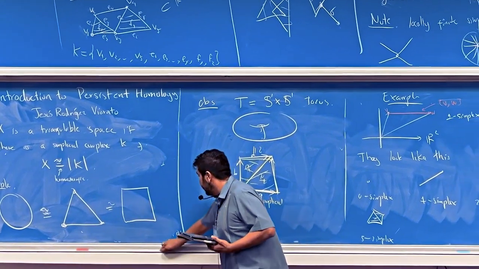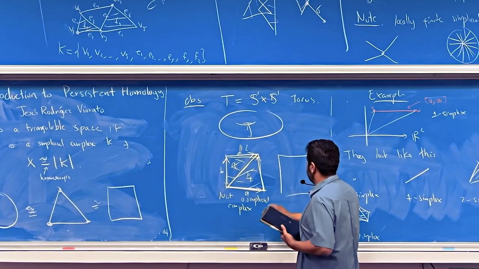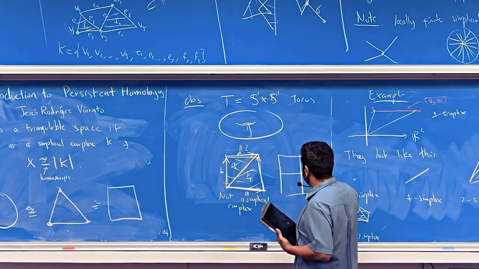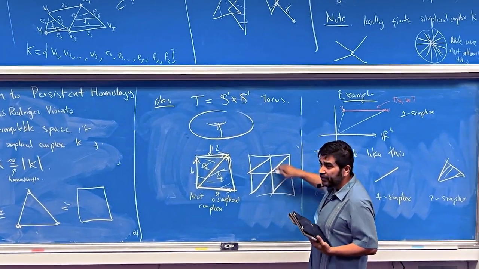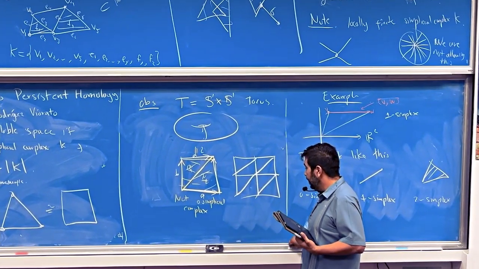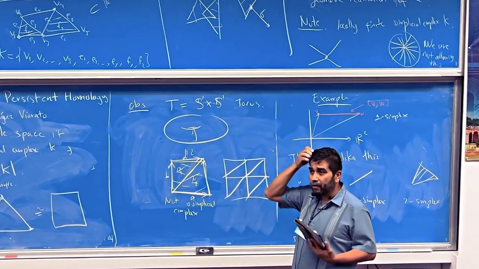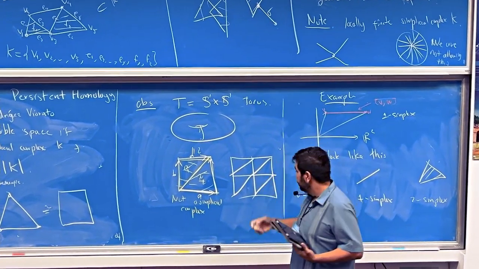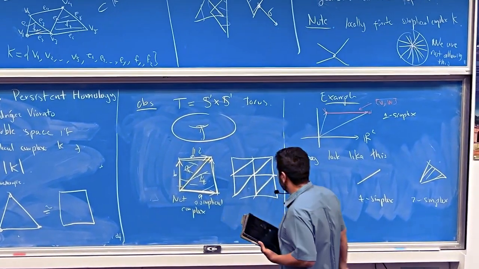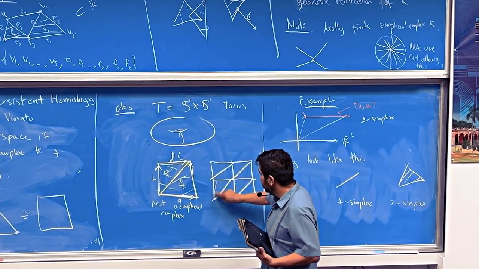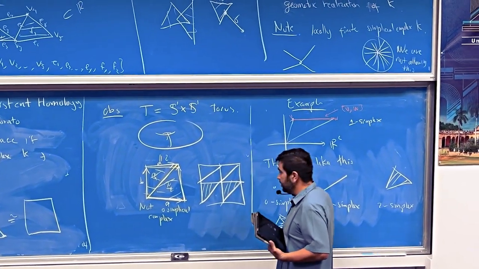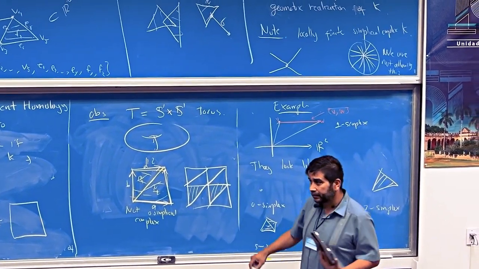Then we might try something different, like dividing by 2 and cutting like this. Then we have a lot of triangles. But we still have a problem, right? What is the problem? If we take this triangle and this triangle, what is the intersection between these two triangles?